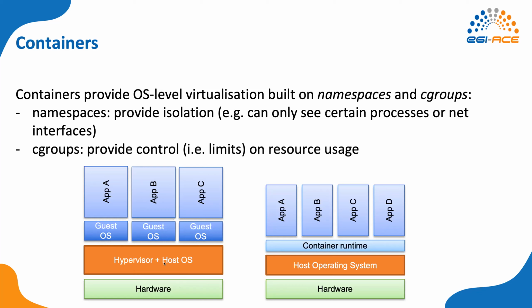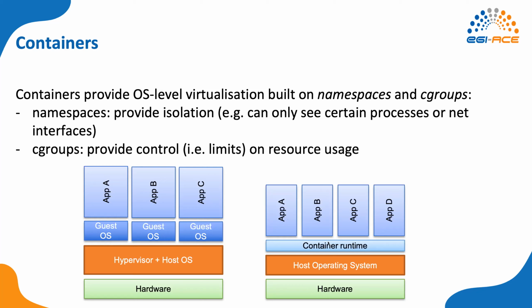These are somehow separated, sometimes they are kind of the same thing, which is why I put it in a bigger box than on the right. This is what allows you to create virtual machines. Then we have, in this case, 3 virtual machines. Each of them has an independent copy of an operating system, and on top of that, the applications with the libraries, the binaries, and whatever you want to have. That is the VM-based kind of virtualization.